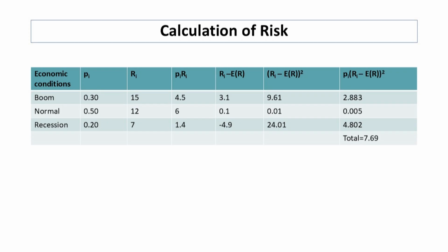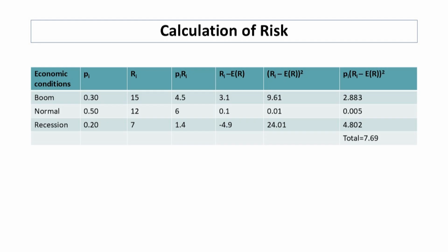If we expand this formula, there are three things: Pi, Ri and the expected return. We have already calculated the expected return. Now we have to take return minus expected return, square it, and then multiply with the probability value. With the help of this table we will go further.